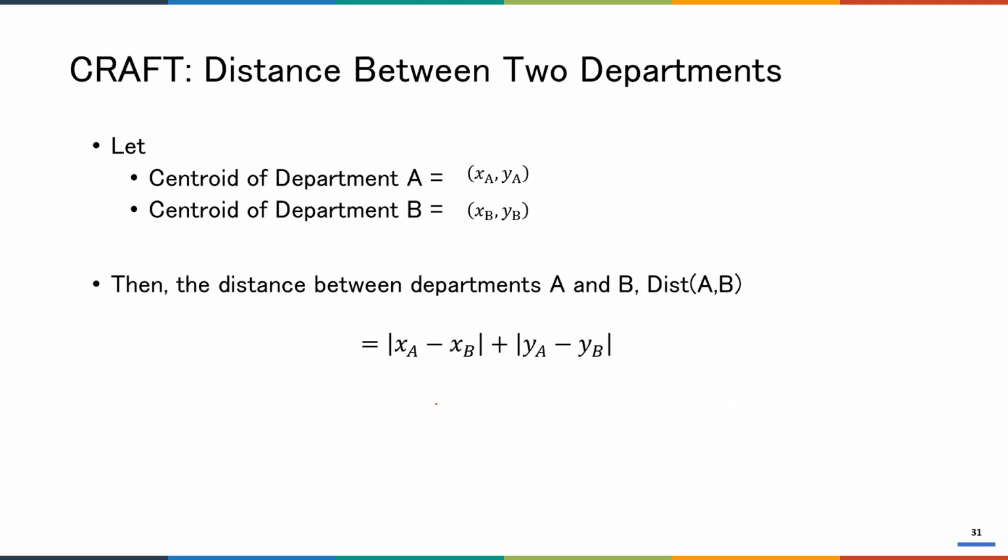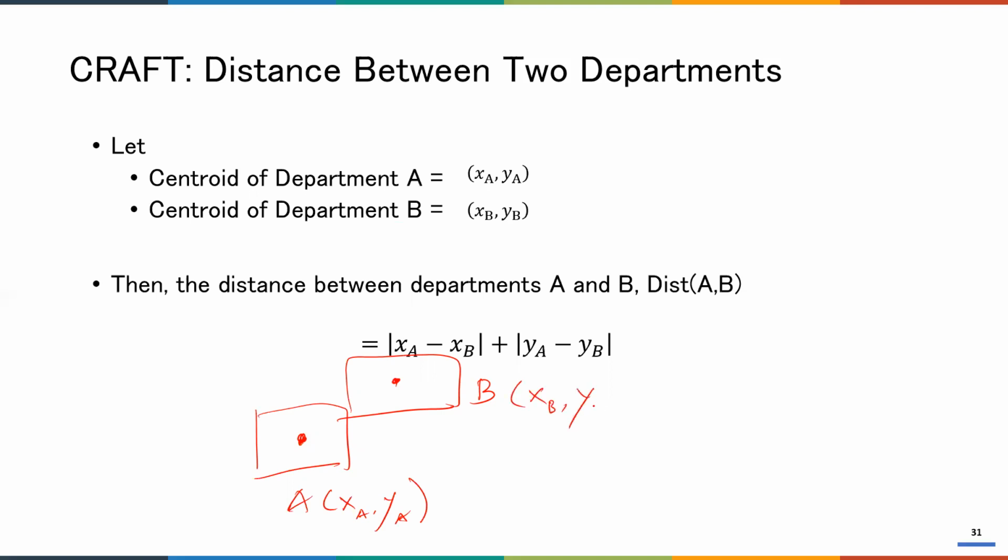So, for example, we have location 1 and like this, this is A, and then let's say here is the location of department B. Department A has coordinates XA and YA, while the centroid for department B has coordinates XB and YB.